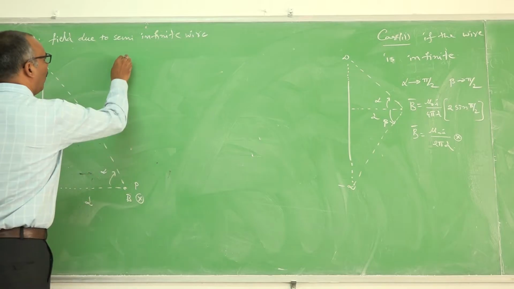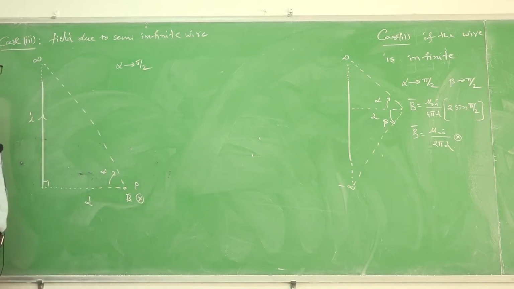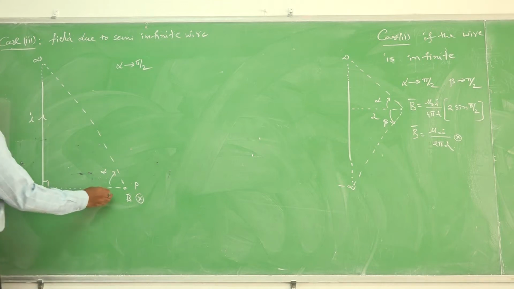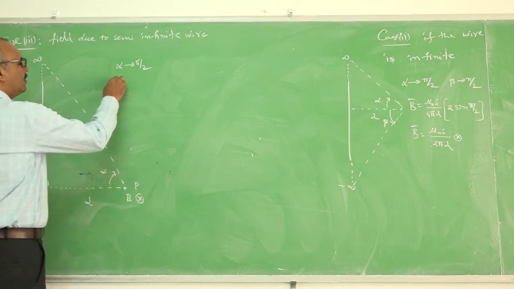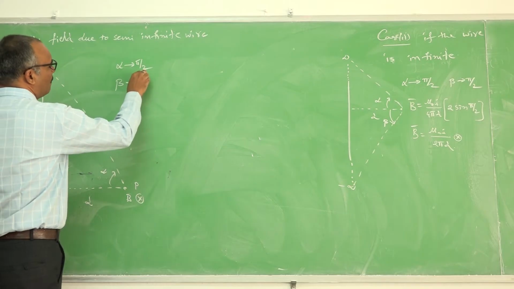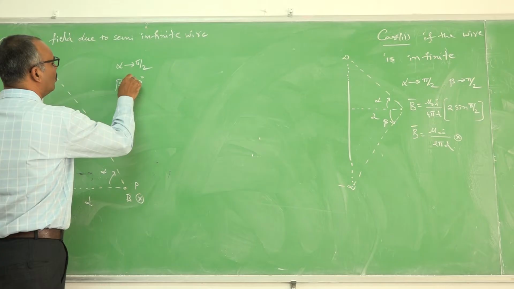Here alpha tends to pi by 2 since it is infinite. What about beta here? Beta is 0. This point and this was lying on the same line. So beta is equal to 0.